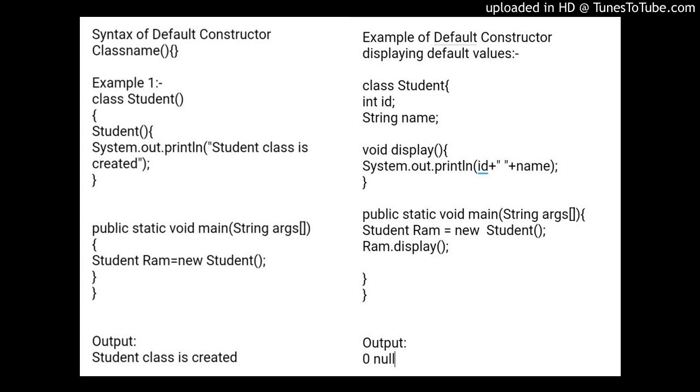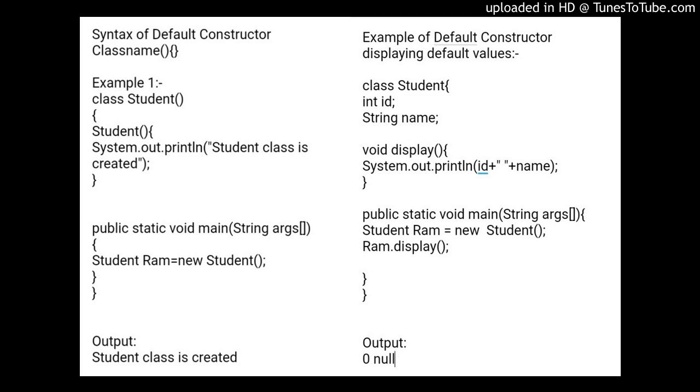So what will happen when you create a new object of the student class by using the new keyword? The message we passed through the constructor to be printed was "class student has been created".